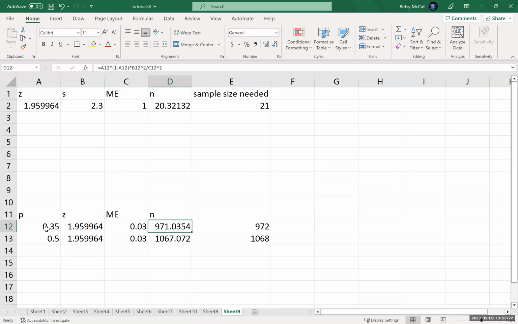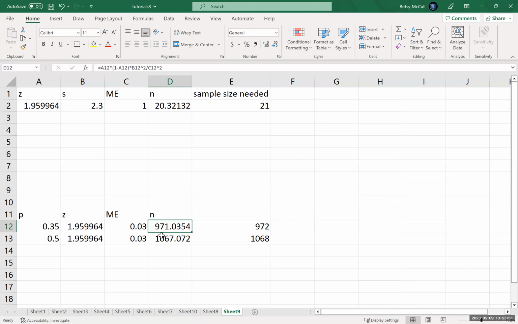But if I put in 0.65 here, that's 0.65 and 0.35, and it's the same thing. So all of these are going to be smaller than when you have it at 0.5. So if the problem doesn't specify, you assume 0.5 as the worst case scenario and you calculate from there. But it can be tricky because it seems like you're missing information, but you're not. You're using this default value.